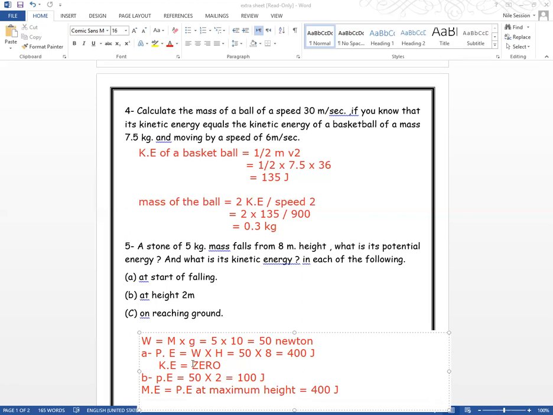So the kinetic energy equals mechanical energy minus potential energy, that equals 400 minus 100. So the kinetic energy equals 300 joule.